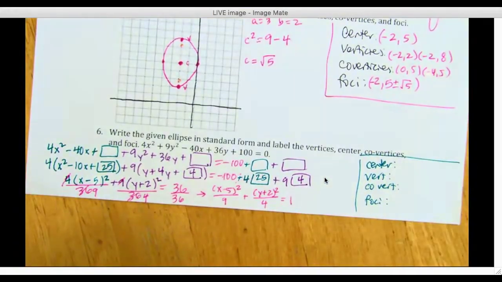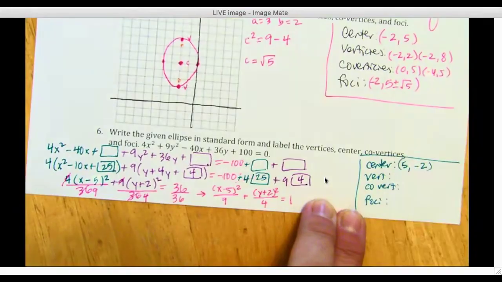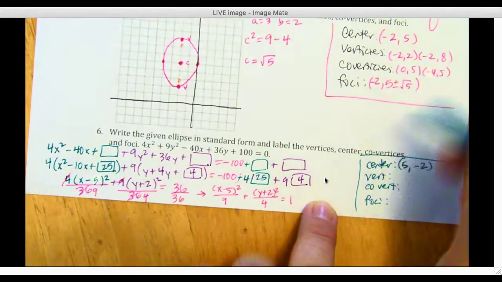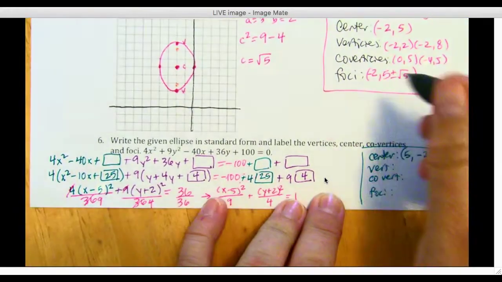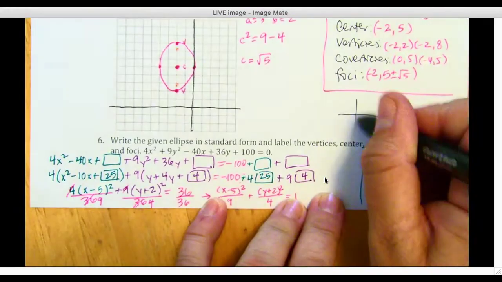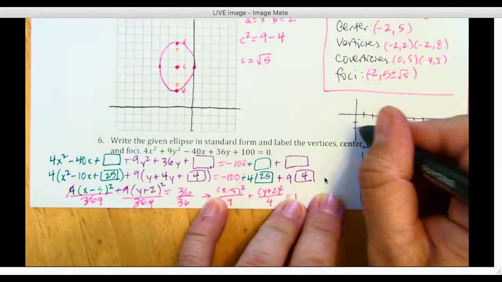My center is at 5, -2. And then my vertices from that center, let me use this space up here to kind of help draw this out. 1, 2, 3, 4, 5, 6, 7, 8. 1, 2, 3.